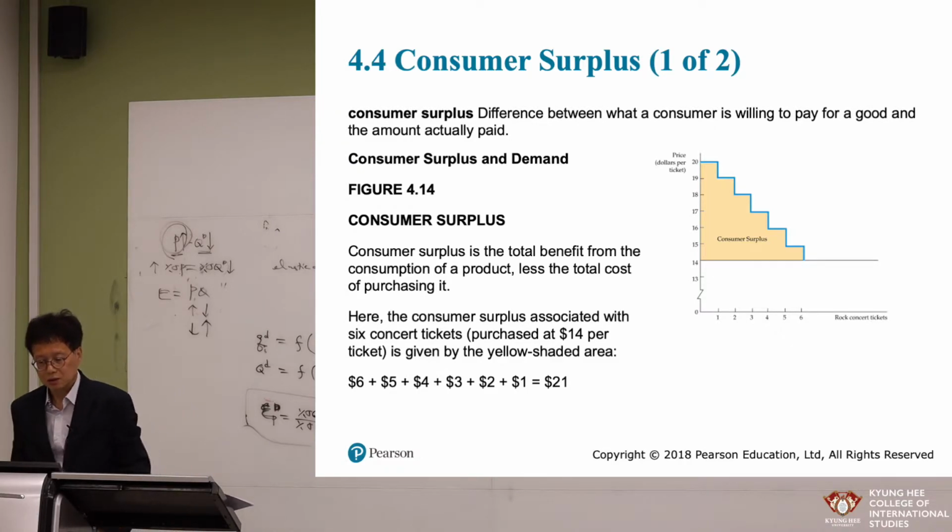Consumer surplus. What is consumer surplus? It is the difference between what a consumer is willing to pay for a good and the amount actually paid. So what is a consumer's willingness to pay? Willingness to pay is, simply talking, marginal utility in the one good case.